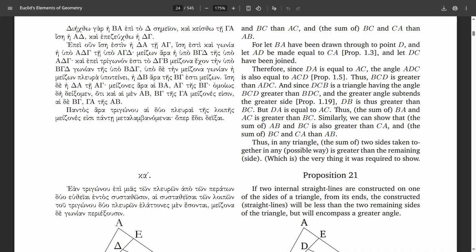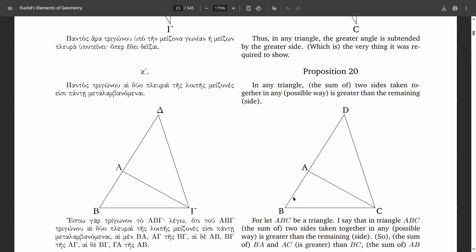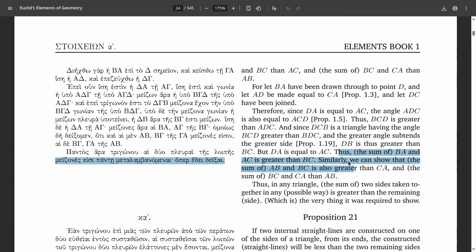Alright. AB, BC is also greater than CA. So AB, BC, yes, okay. Yeah, sorry. So that is greater than this, and this is greater than this.